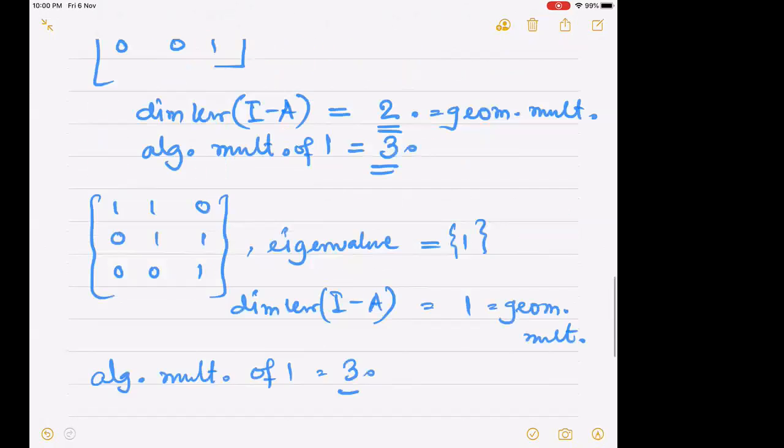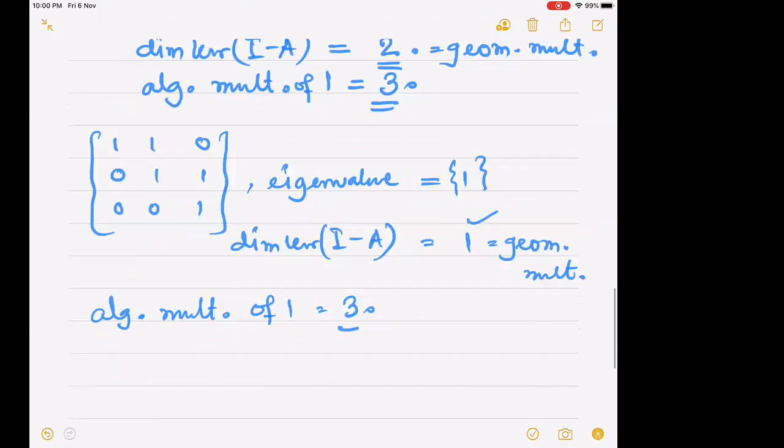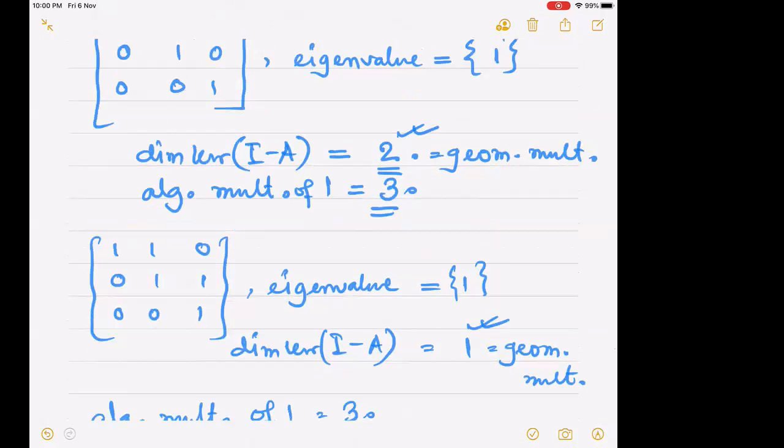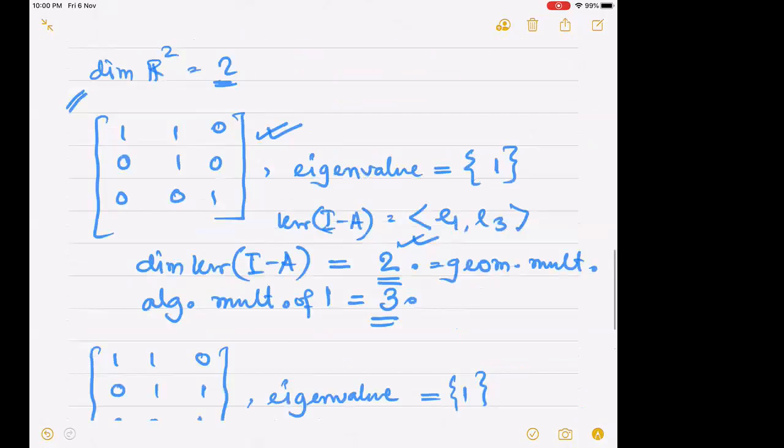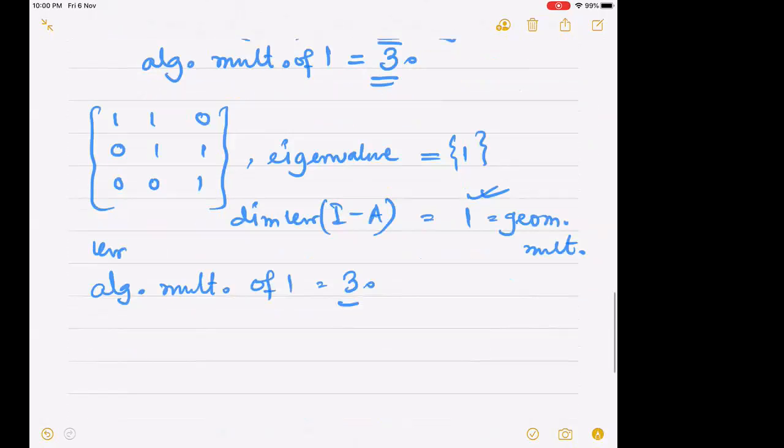But these two situations are distinct, because this one has 2 linearly independent eigenvectors, whereas this guy has only 1. In the first case, the kernel of identity minus A is spanned by E1 and E3, whereas in this case, the kernel of identity minus A is just the span of E1 only, right? Is that all right?